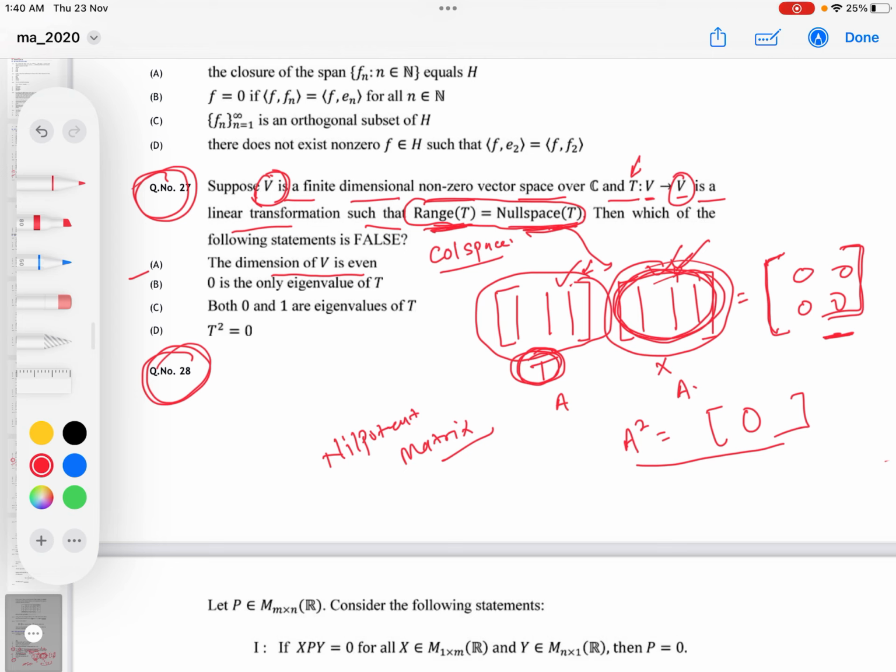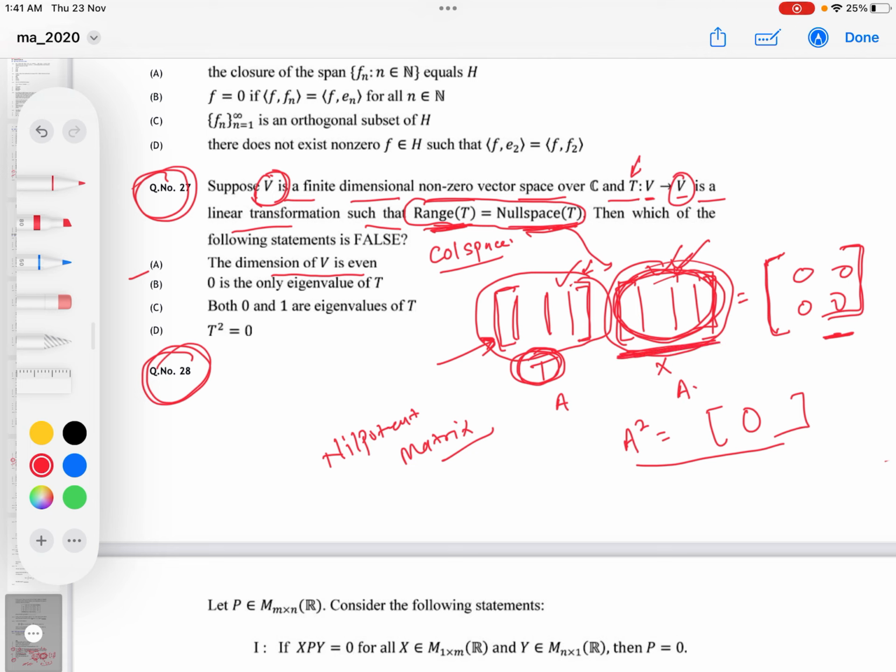So these two matrices are the same, right? So whatever the rank of this matrix, whatever columns span the complete column space, it is the same set of vectors that will span the columns of this matrix.